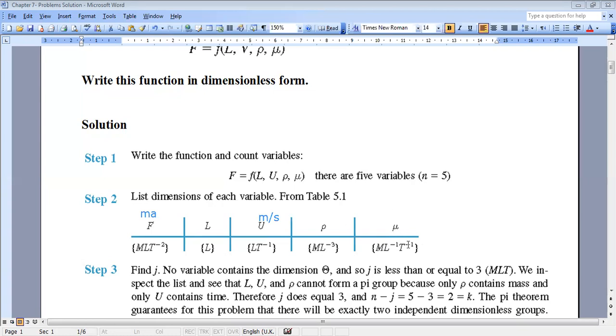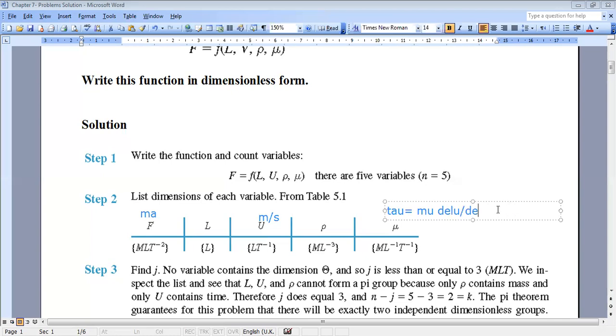And for μ, if you forgot what the unit for μ is, you can simply go back to the relation which gives you μ, that the shear stress τ is μ times du/dy. Exactly.